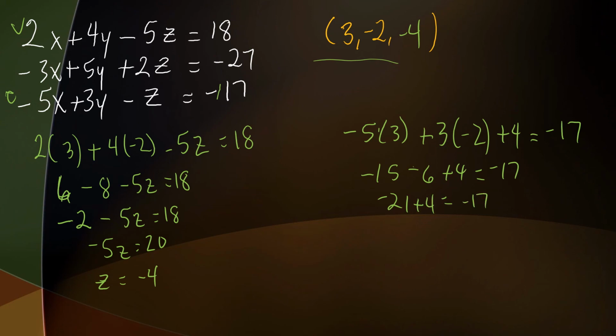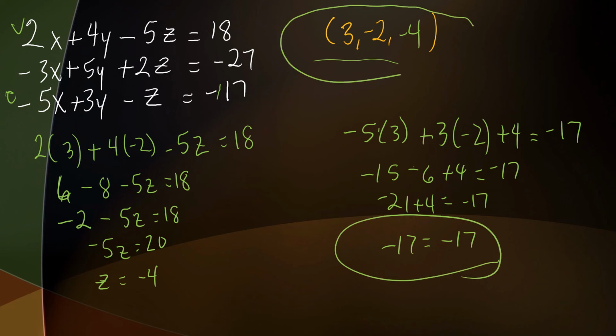And you can see that negative 21 plus 4 is negative 17, does now equal negative 17. And Shazam, I have found my ordered triple. X is 3, y is negative 2, and z is negative 4. Now, that is amazing.